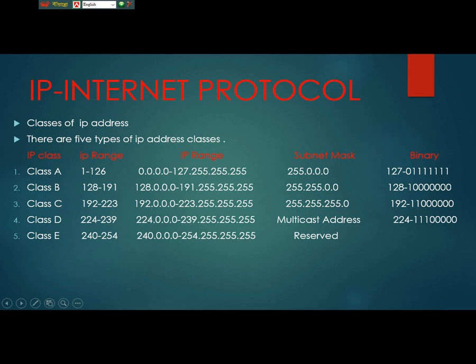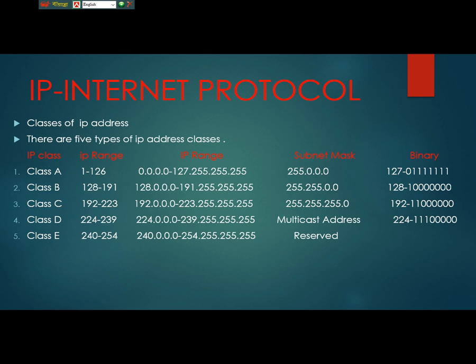We can use any IP range for our networking. We can create networking by IP address. We cannot move without an address. Every house has an address.